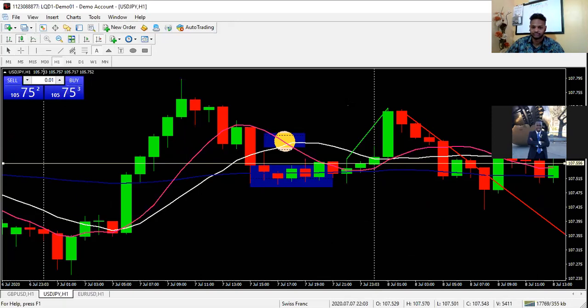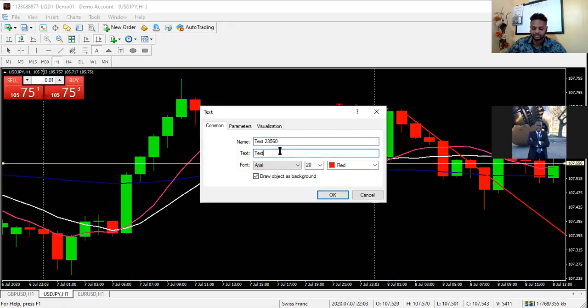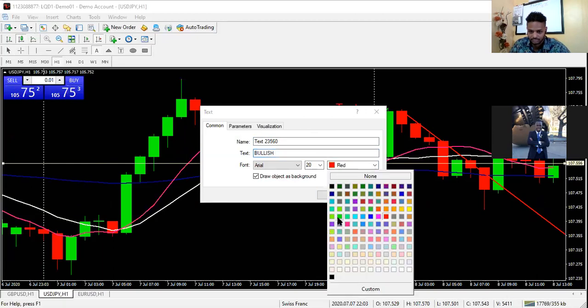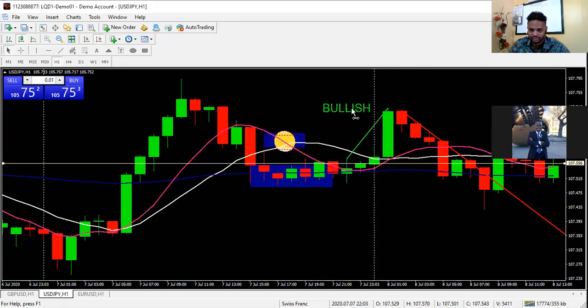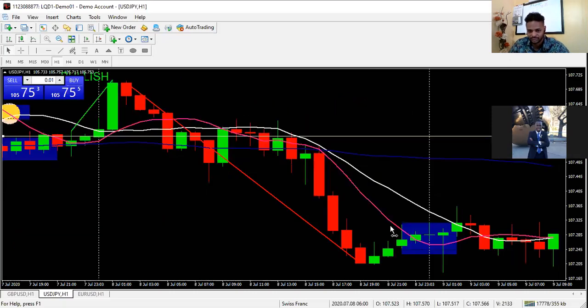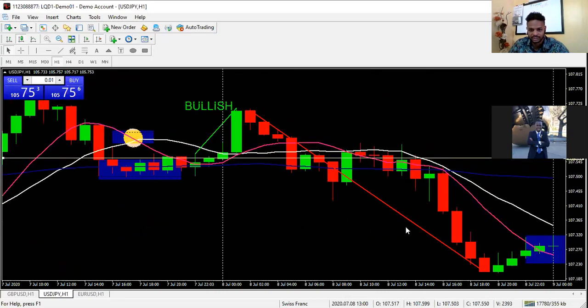So that's a bullish trend. Bull means green, going up. Remember that. Right, so that's how we see this one right here. We understand that.